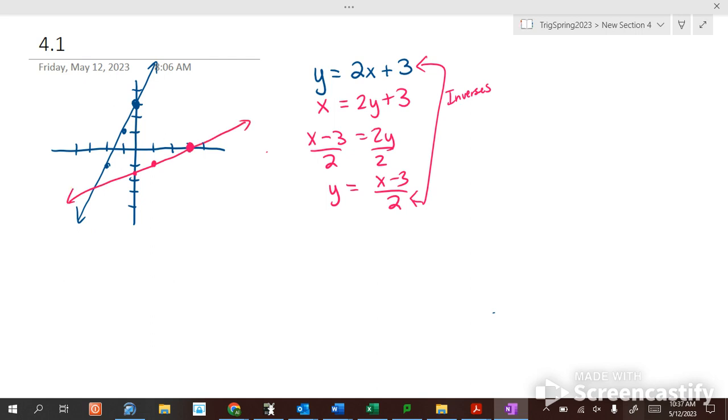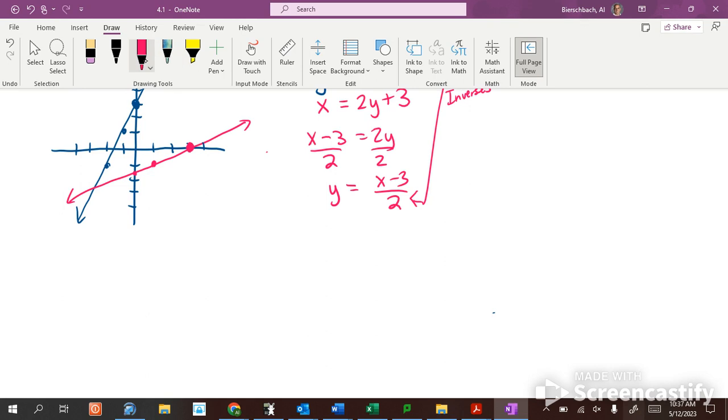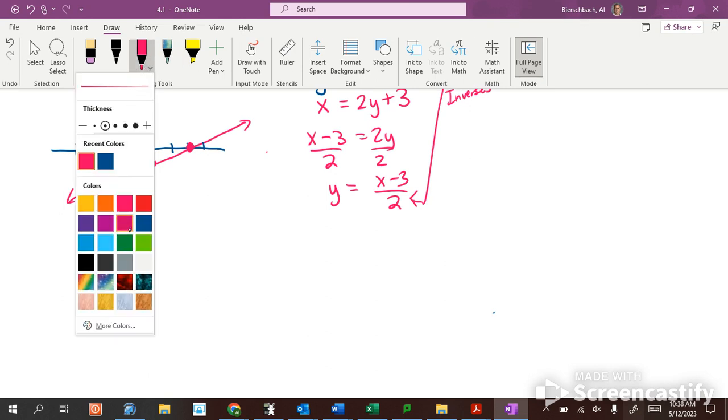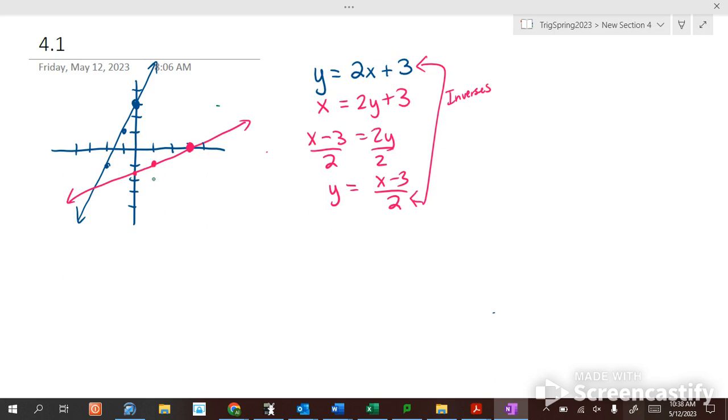What do we know about inverse functions? Not that they're ugly. That they cross the line y equals x, right? Did you not know that? No, I did not know.